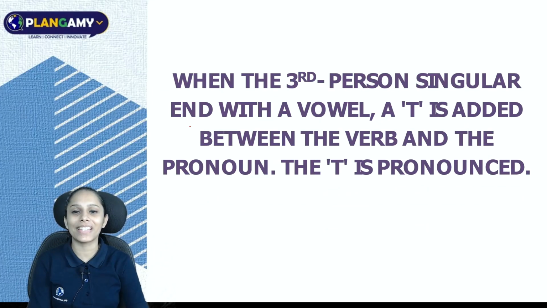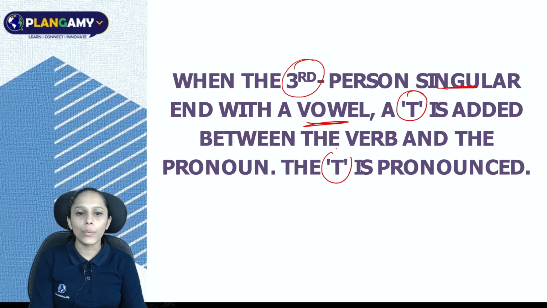Now it says when the third person singular ends with a vowel, a T is added between the verb and the pronoun. So the T is pronounced. Now let's have a look to understand the concept of inversion better.